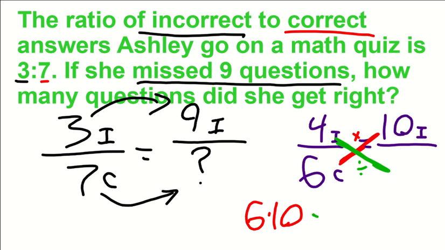So we got 6 times 10, and we're going to divide by that 4. Okay? Everybody follow? We'll work more with those in the next week or so, but we'll be doing those some. Oh, by the way, 4 times 2.5 is 10. Y'all that said you couldn't do it.